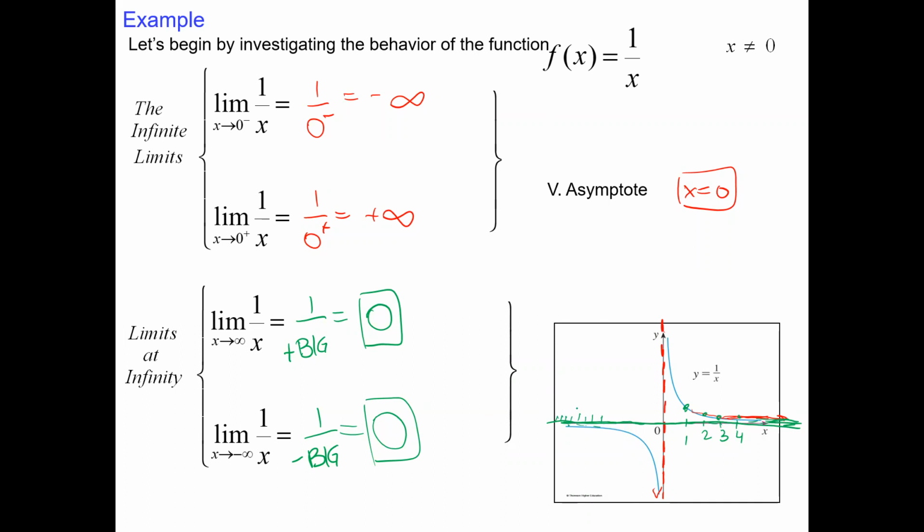Numerically, when we divide 1 by a big number, we will get small. Okay, and that's the limits at infinity we did investigate. And of course, the resulting line is the line y equals 0, because these are the y values. Y equals 0. And this is a horizontal asymptote.